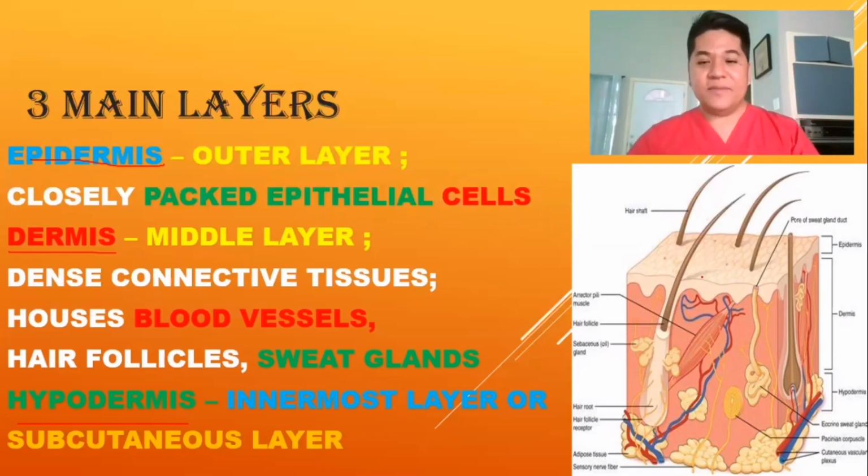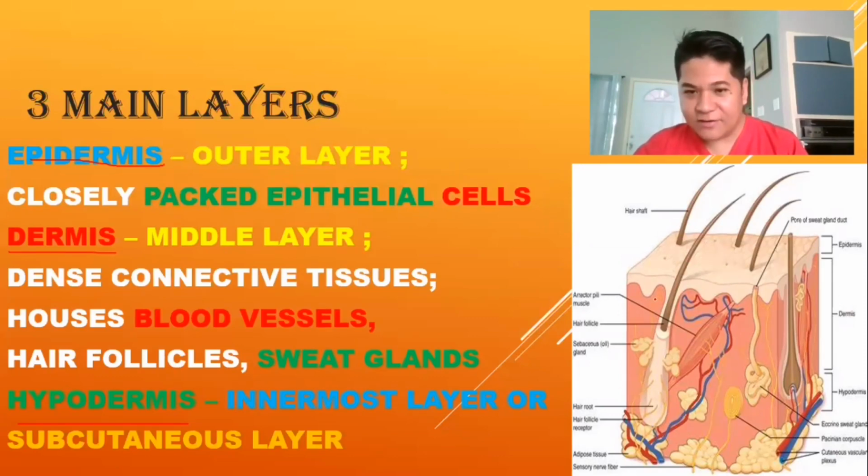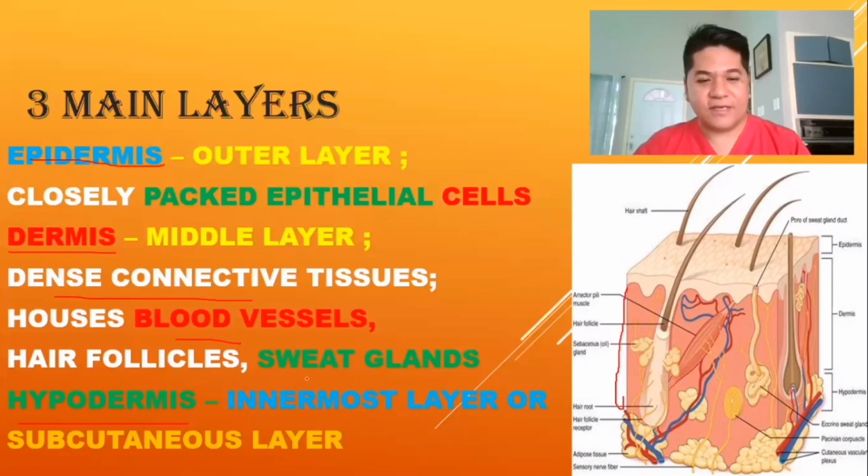Then the middle layer is your dermis, which houses the blood vessels, the hair follicles, the nerve endings, connective tissue, and the sweat glands. The muscle here, one of the smallest muscles, is the erector pili.